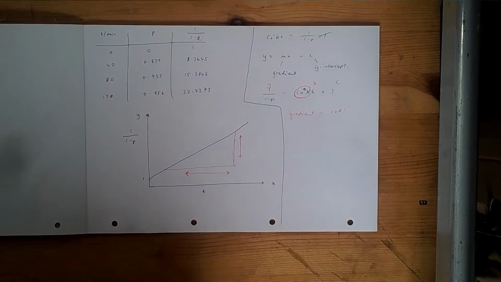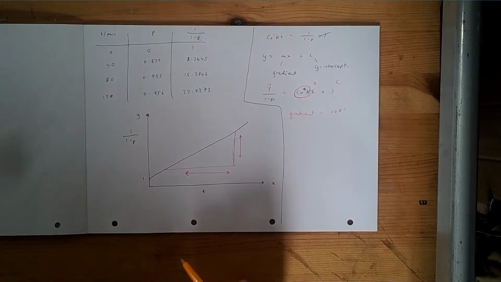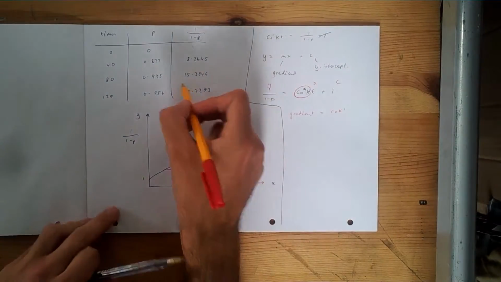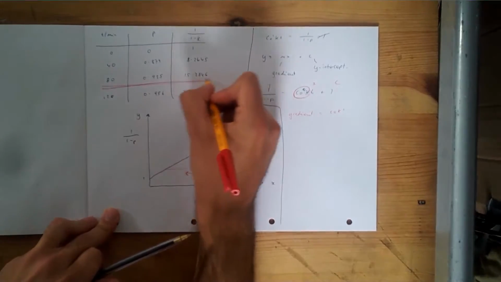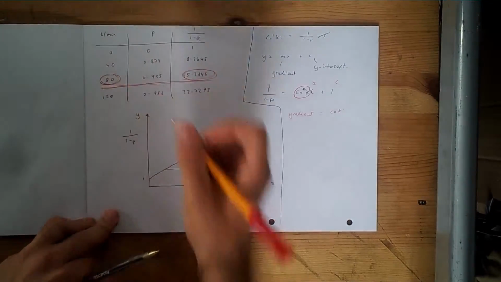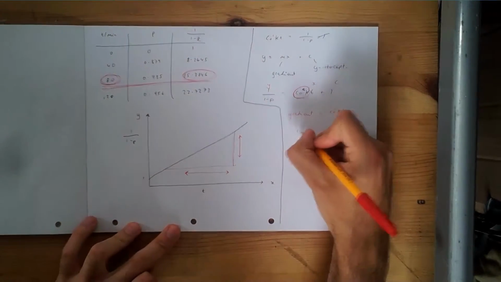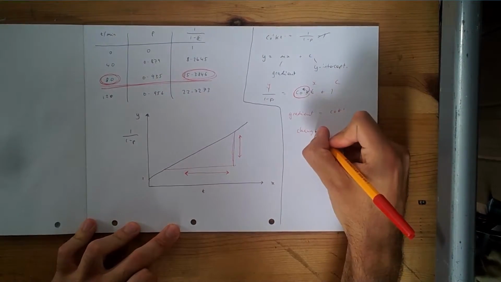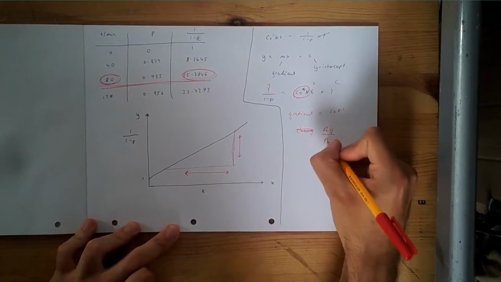So if we substitute some values of y and x in, if we take, for instance, these values here, 1 over 1 minus p is 15.3846 and t is equal to 80. So for this, we have the change in y over change in x, as we just said. I'm just going to write it as delta y and delta x.